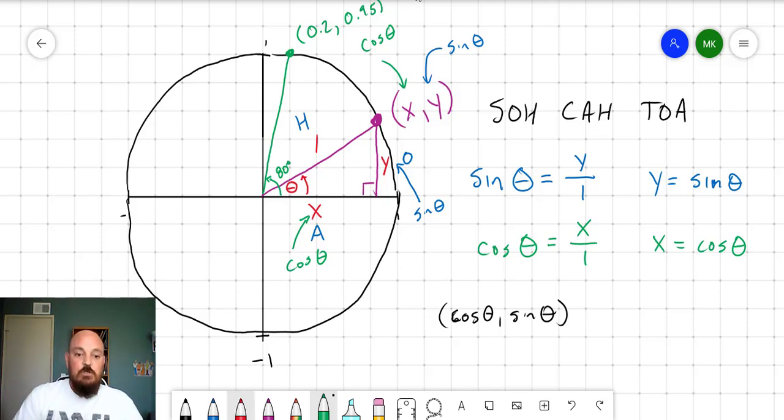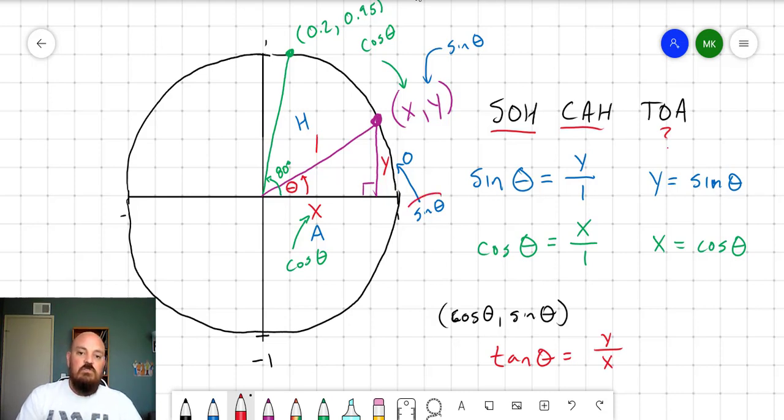Now the last thing I want to do before we wrap things up is we did sine and cosine. Let's see what happens if we do tangent. So if I do tangent theta, going back to my triangle again, tangent is opposite over adjacent. Now from our triangle, that would be y over x.